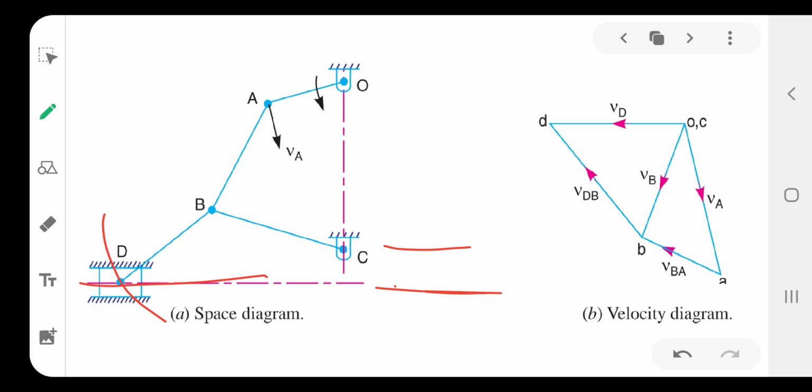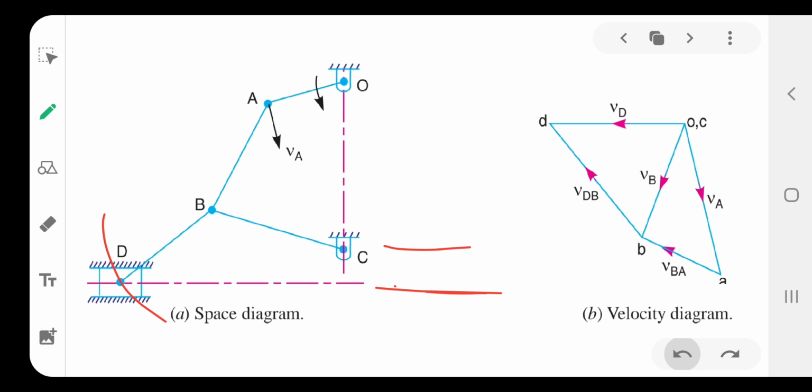So here we completed our space diagram. The angular velocity and linear velocity of AO we have already calculated. Then after finishing this space diagram, move forward to draw the velocity diagram.